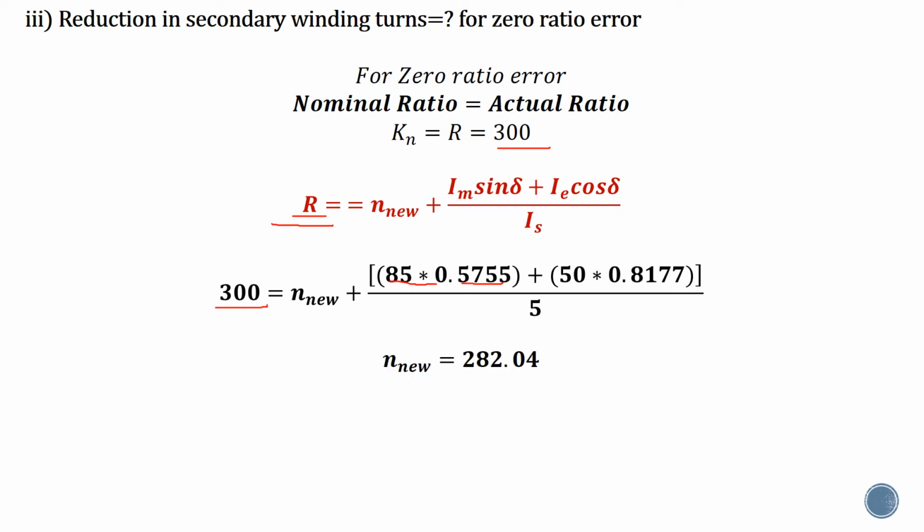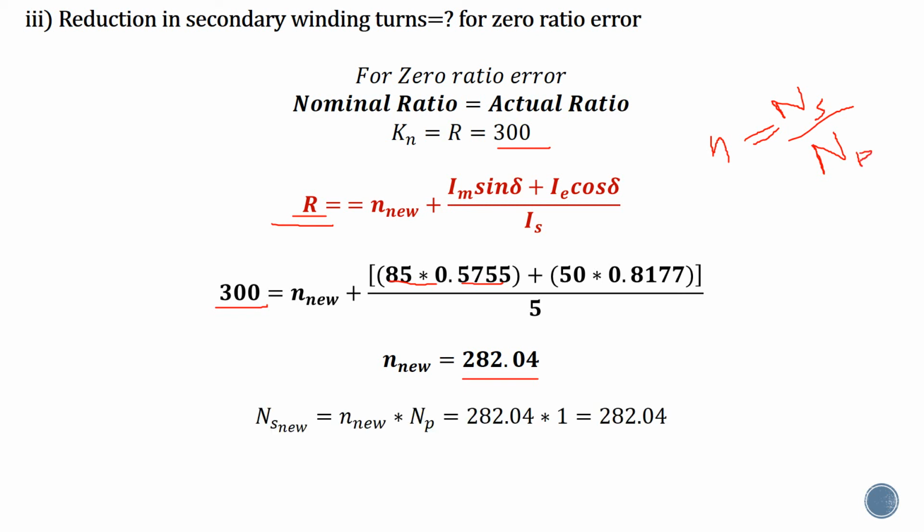The new turn ratio comes out to be 282.04, and as we know, turn ratio is defined as the ratio of number of turns in secondary to number of turns in primary. Therefore, with this new turn ratio, we can calculate the new turns in secondary winding by multiplying the turn ratio by the number of turns in primary.